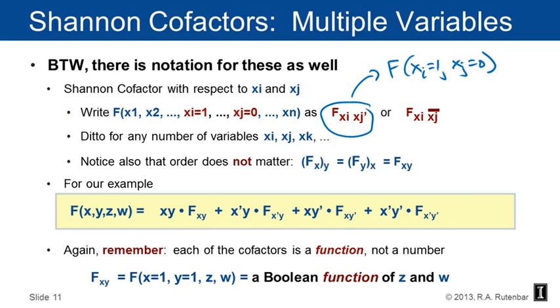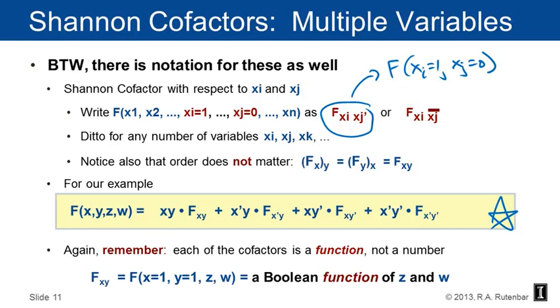Sometimes just easier to type. And this is the same thing I wrote on the previous slide, xy and f of xy plus x bar y and f of x bar y plus ... for the other 4 terms. That's the 4 product version, the 4 cofactor version, the 2 variable version of the Shannon expansion.